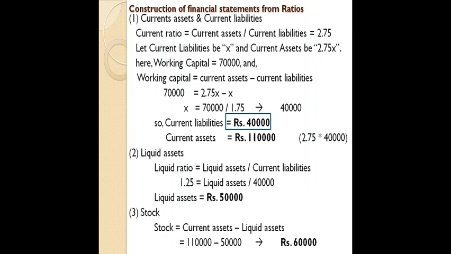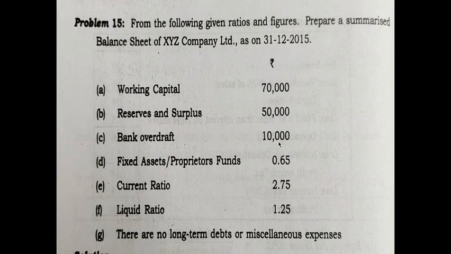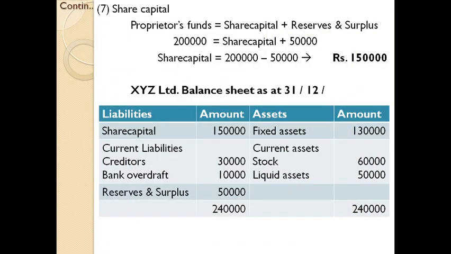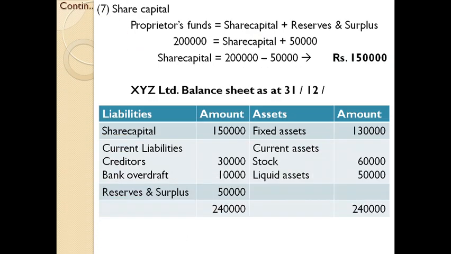And in the question, bank overdraft of 10,000 is given. So instead of writing current liability 40,000, you have to split it into two: bank overdraft 10,000 and creditors 30,000, because we already found the amount of creditors. That's how you need to split current liability.